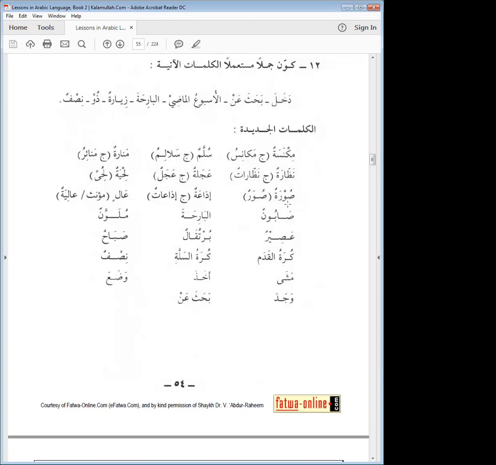Masha is a verb. It means to walk, right? Now we haven't done these types of verbs yet, right? In some verbs, the three root letters, one or two of them could be a weak letter, right? A weak letter is basically the letters of mad. You know, when you have the mad in the Quran, where aleph occurs after a fatha, it lengthens the fatha.